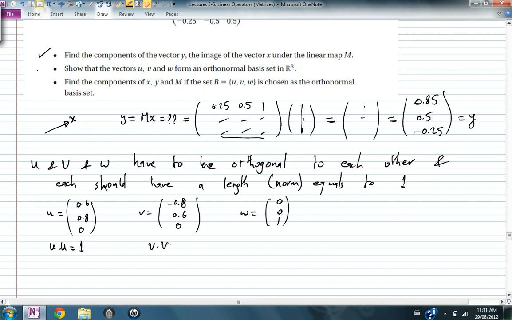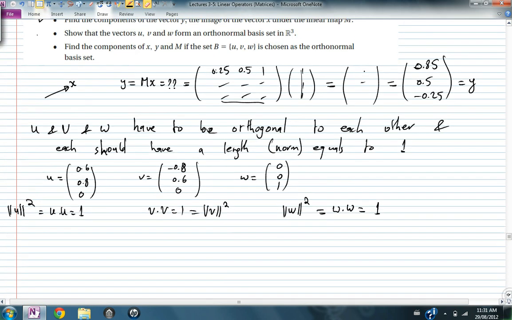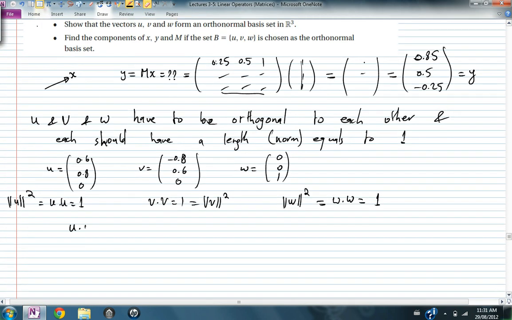V dot v is equal to 1, which is equal to norm v squared, norm u squared, and norm w squared is equal to w dot w is equal to 1. U dot v is equal to v dot w is equal to u dot w.